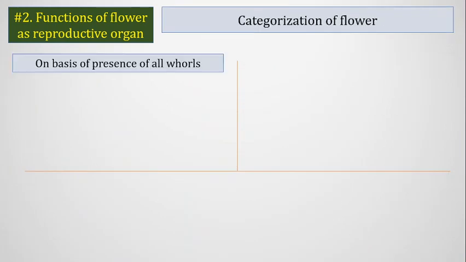And now we can categorize flowers on different aspects. For example, considering whether all 5 parts are present inside the flower or not, we can categorize flowers into 2 categories.